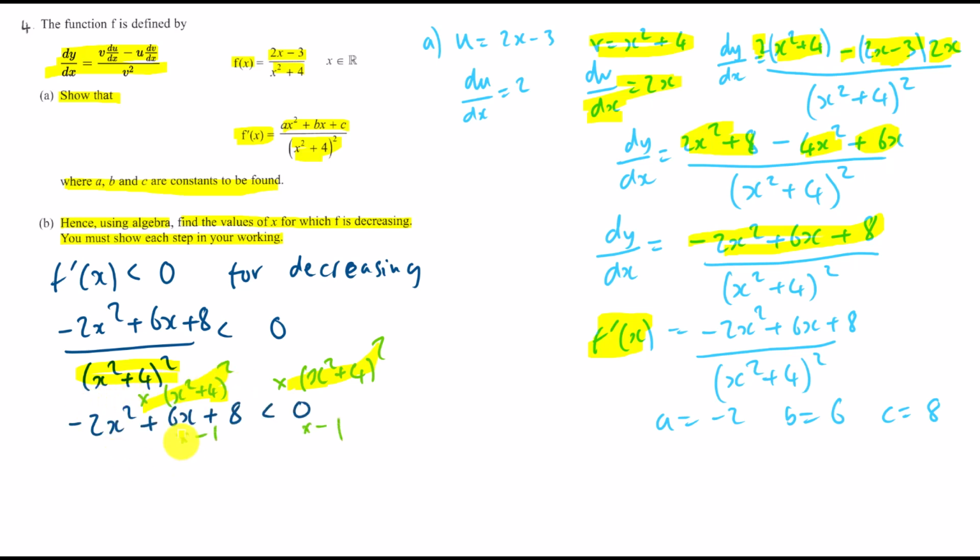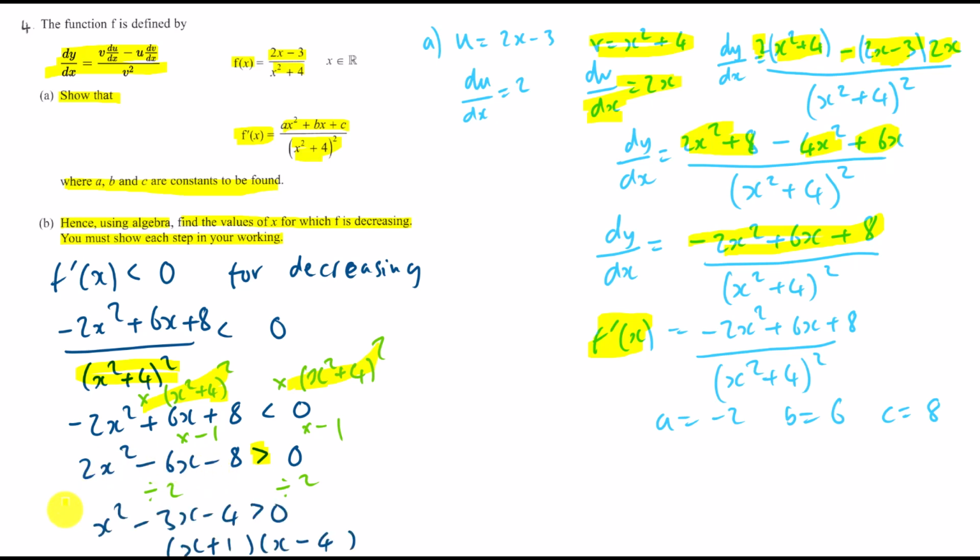Now we're multiplying both sides by minus 1, or you could bring everything over to the other side. Remember, when we multiply an inequality by minus 1, the sign flips. I want to deal with an easier quadratic to factorise, so I can divide this by 2. Now remember, your calculator does do all of this, so you shouldn't be making a mistake.